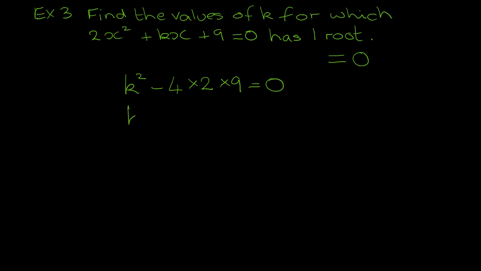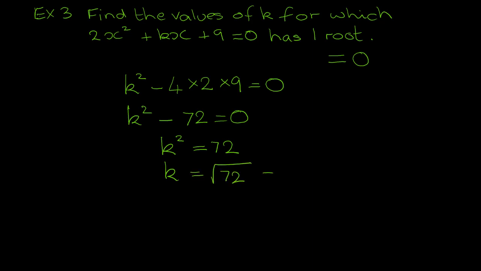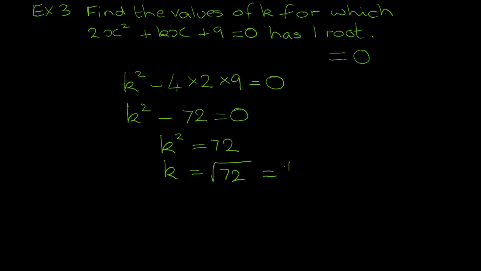So that's k squared minus 8 times 9 is 72. So that brings us to k squared equals 72. And so k will be the square root of 72, which is plus or minus 8.49 rounded to 3 significant figures.